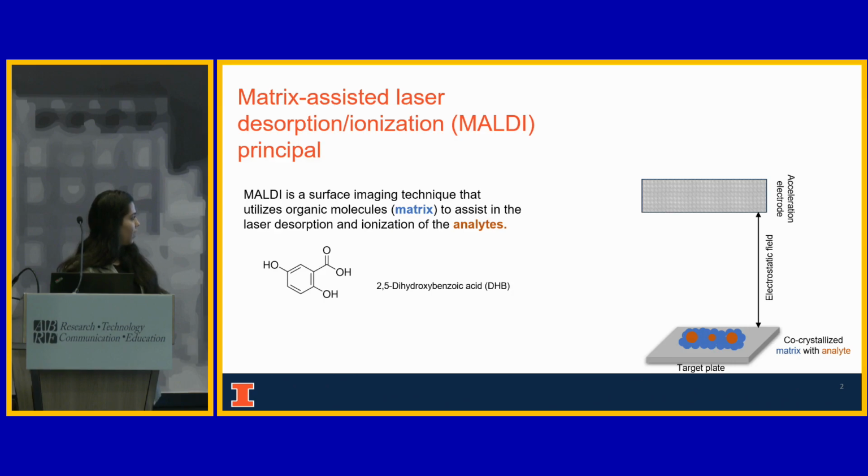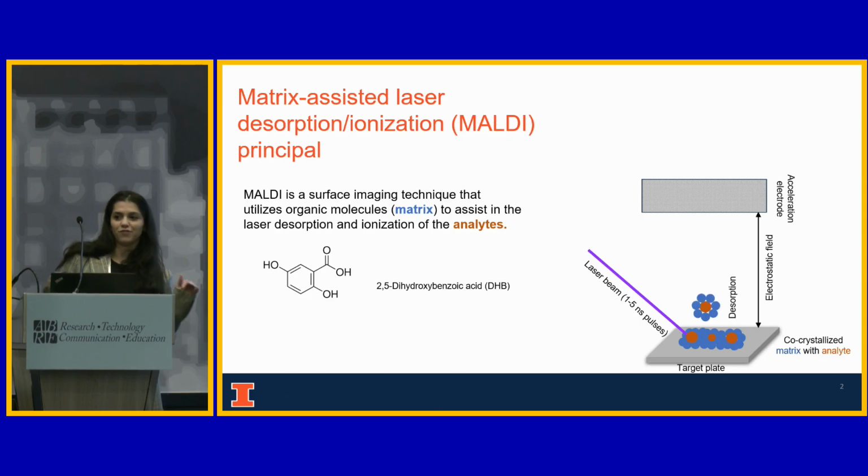Here I have this metal target plate, and I have a solid co-crystallized matrix with the analyte. We apply a few nanosecond laser pulses to the co-crystallized matrix and analyte, and it causes desorption and a transition from the solid state into the gas state, and through an unknown energy transfer mechanism, it causes ionization.